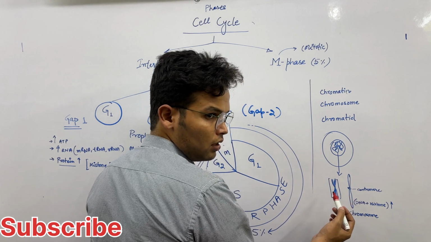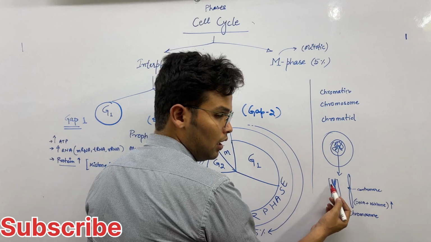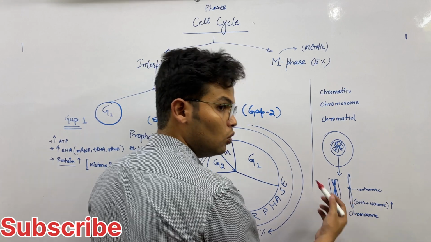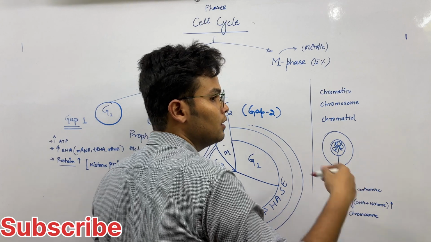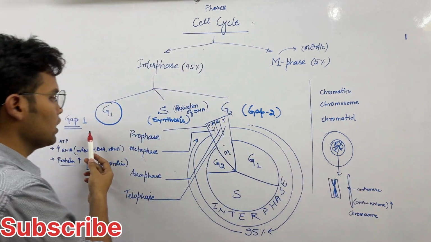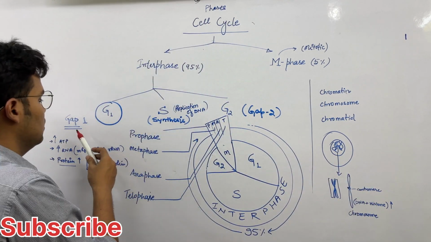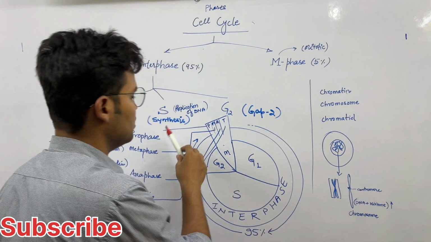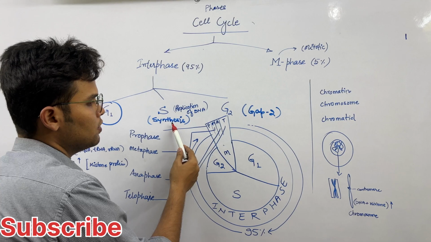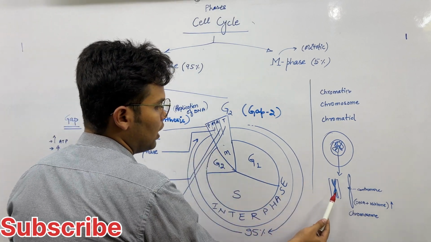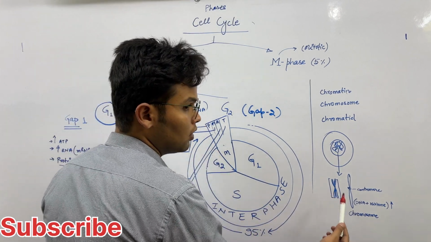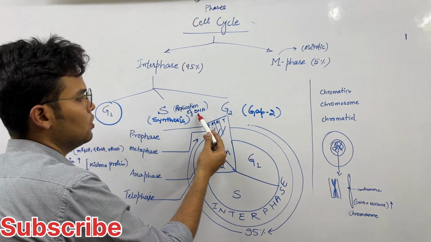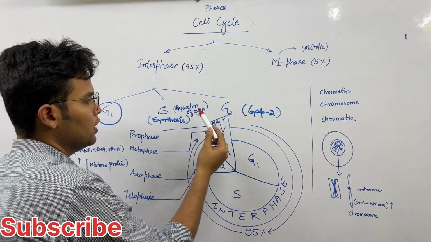We could easily understand that one is the original copy and the other is the duplicate copy, which is formed in the replication or synthesis phase. Now in the synthesis phase, replication occurs, and that leads to the increase in the content of chromosomes, or we can say the replication or copying of DNA occurs.